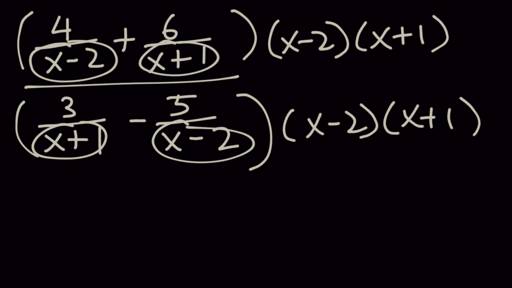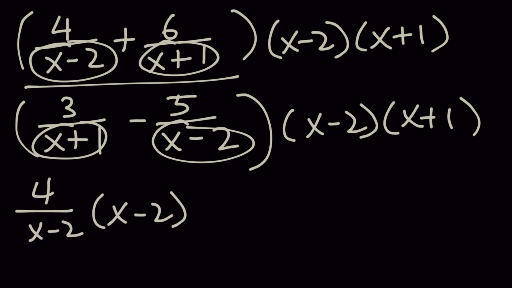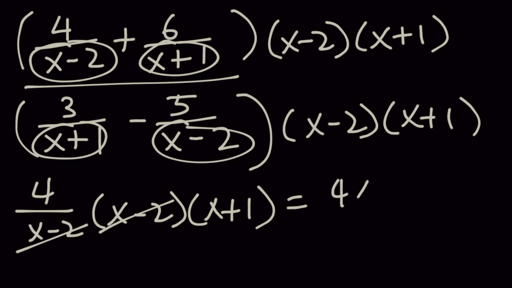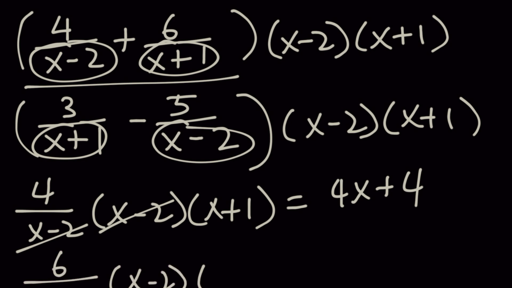For the numerator, 4x minus 2, x minus 2, x plus 1. This crosses out, so we're ending with 4x plus 4. For the 6, we can cross that out, becomes 6x minus 12.